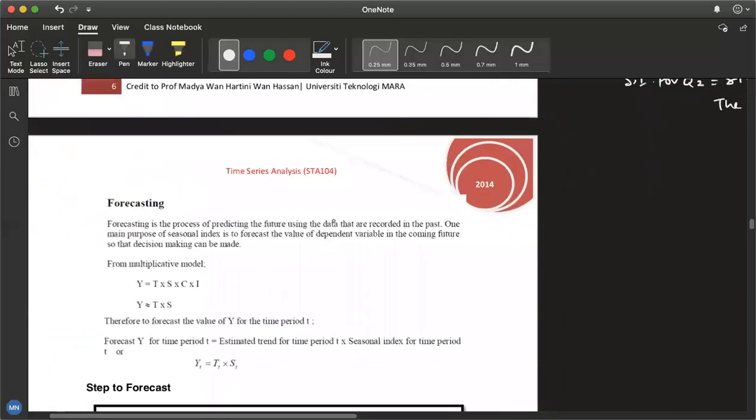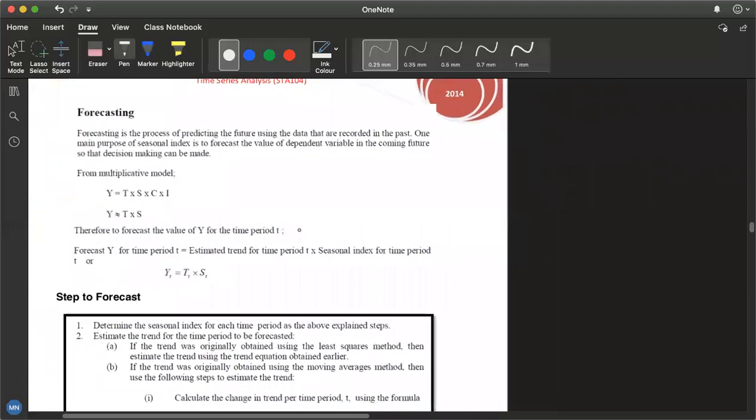So we need to do forecasting. Forecasting is the process of predicting the future using the data that were recorded in the past. One main purpose of the seasonal index is to forecast the value of the dependent variable in the future so that decision making can be done.